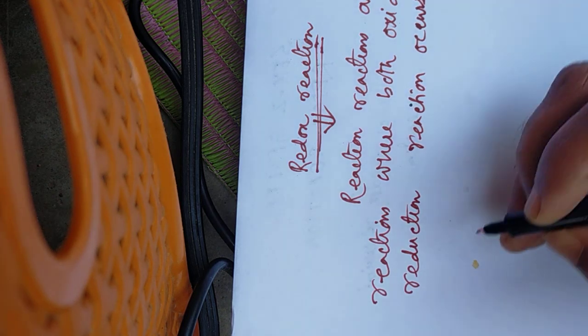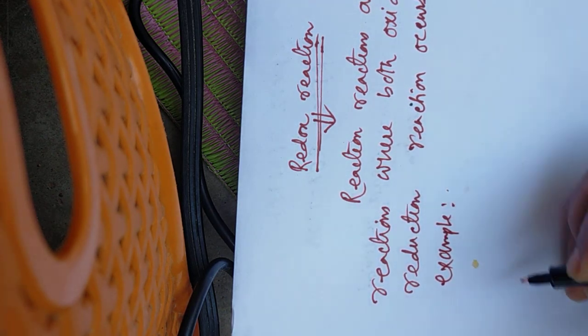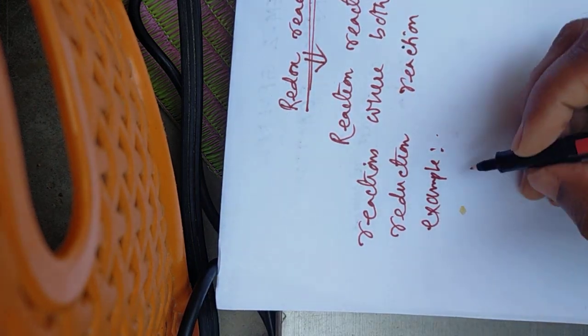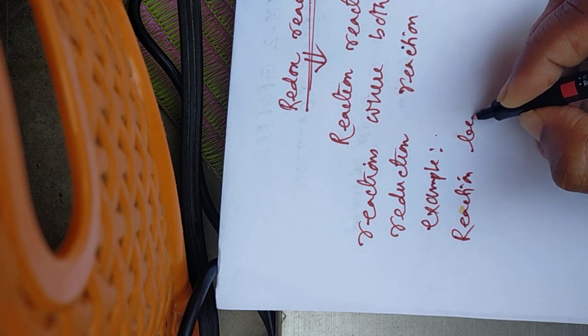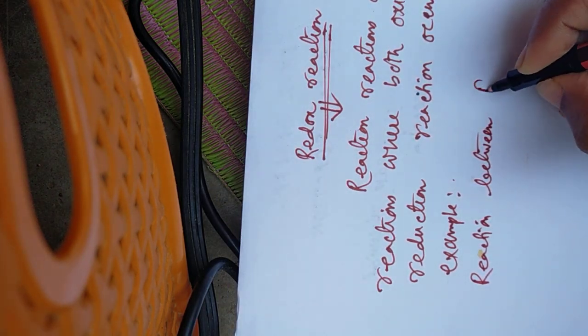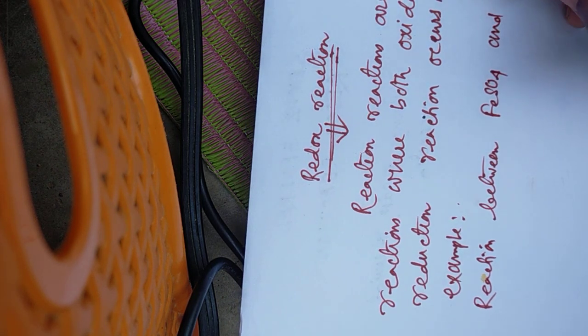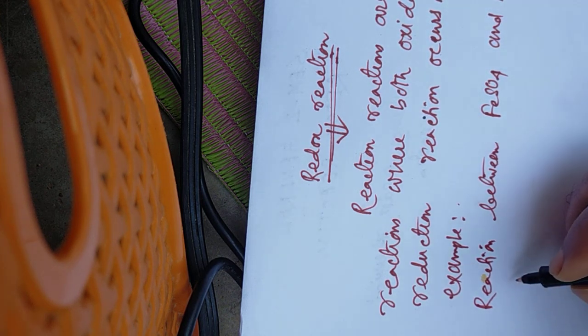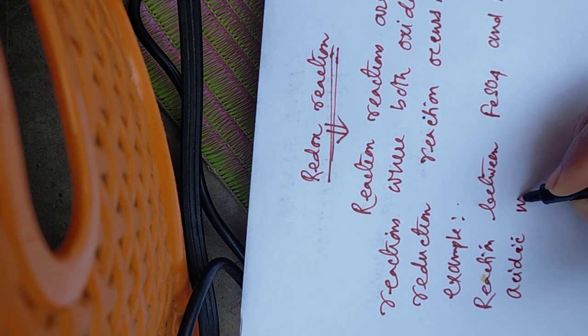For example, number 1, the reaction between ferrous sulfate and potassium dichromate in acidic medium.